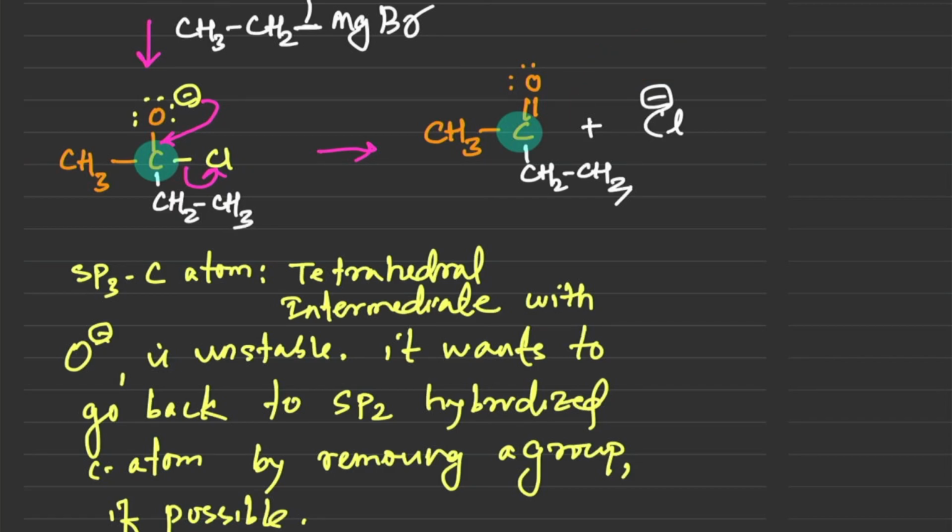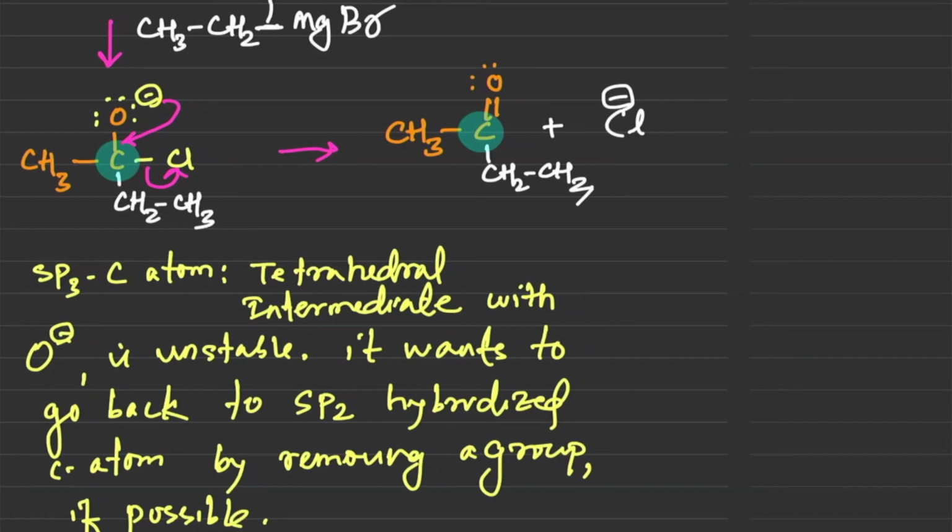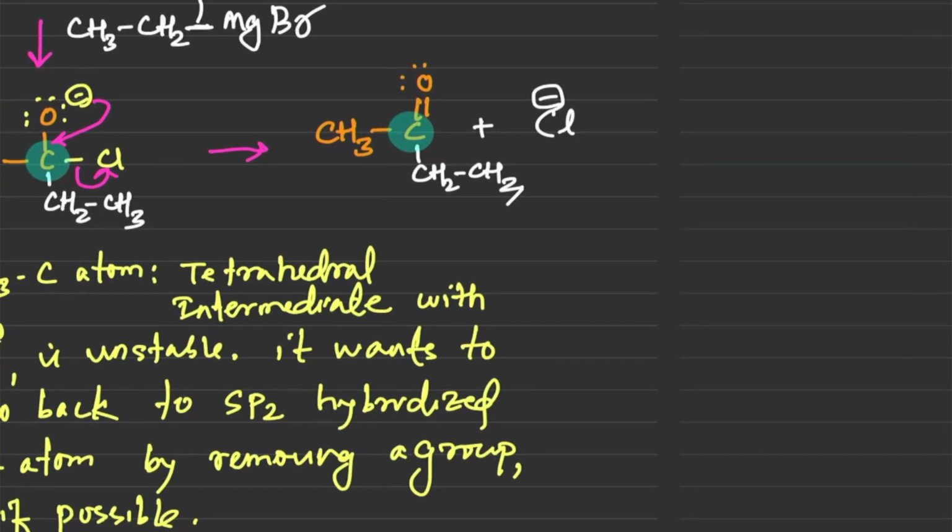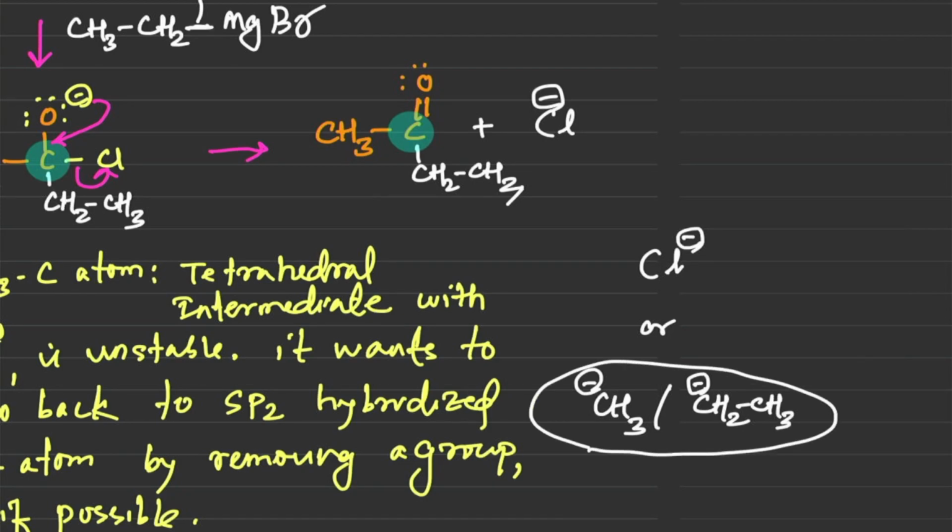Now, why didn't it remove the other groups? There are two other possibilities, CH3 minus or CH3CH2 minus. The reason it doesn't do this, or why it didn't kick out these two, is that these two are highly basic.